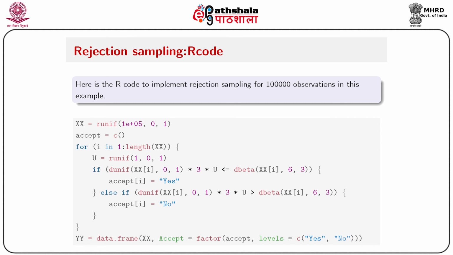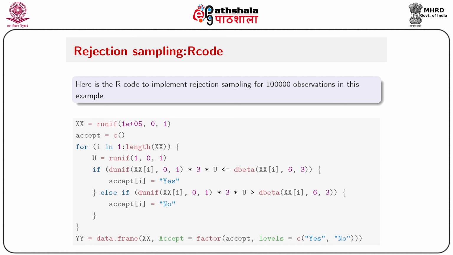Within the for loop the algorithm is implemented: u equals runif(1), and then if dunif(xx[i], 0, 1) times 3 times u is less than or equal to dbeta(xx[i], 6, 3), then accept[i] equals yes.